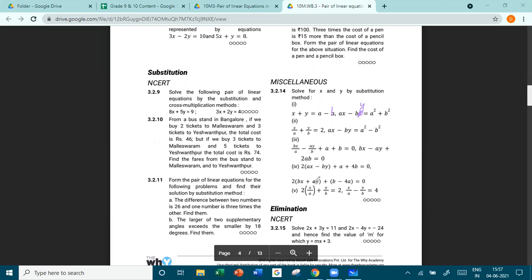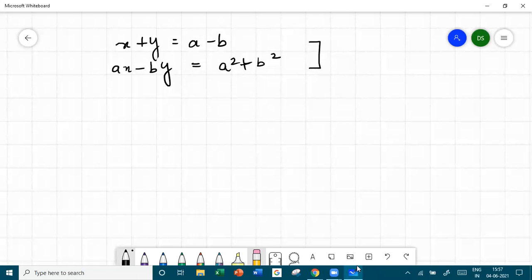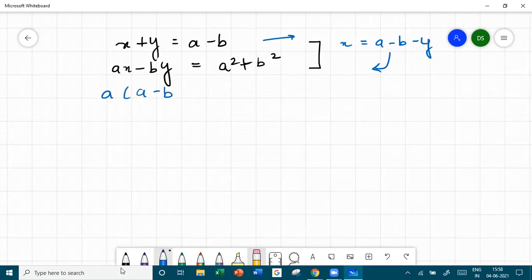So substitution basically means you need to substitute the value of any one variable of your choice in the other one. So let's say if you take this one, x is equal to a minus b minus y. So I substitute this value here, which means this will become a times (a minus b minus y) minus by is equal to a square plus b square, correct?